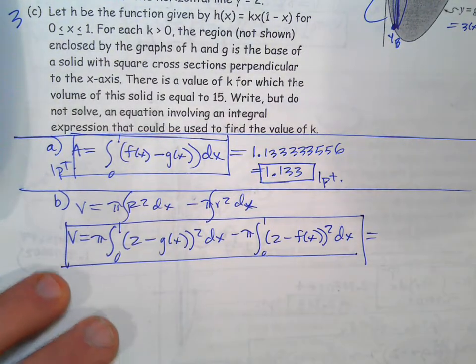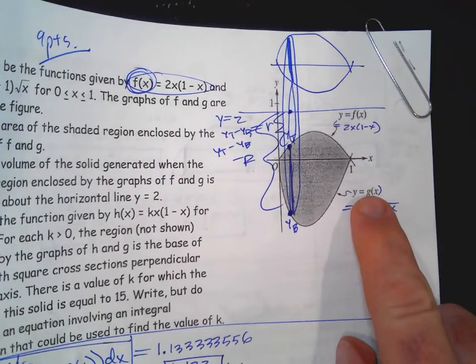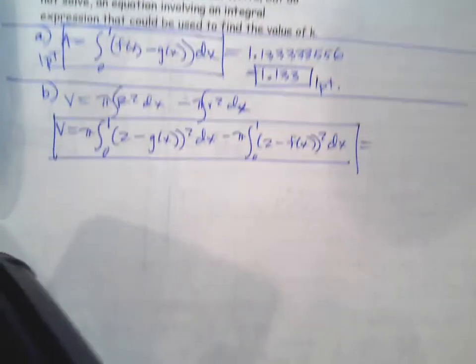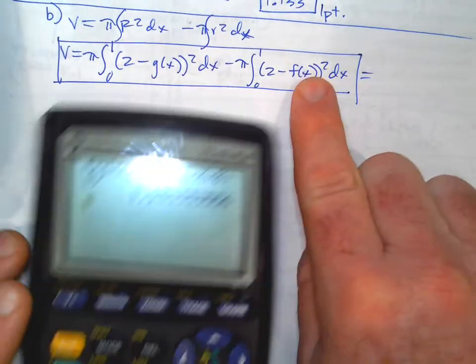I don't think we want to do shells because, like I said, I don't think you're going to be able to solve these for x in terms of y. So that's going to make that a problem. We can put this in our calculator. Now remember, f of x is y1.